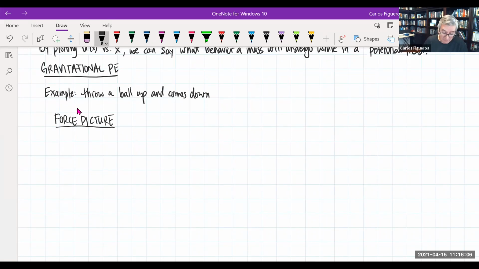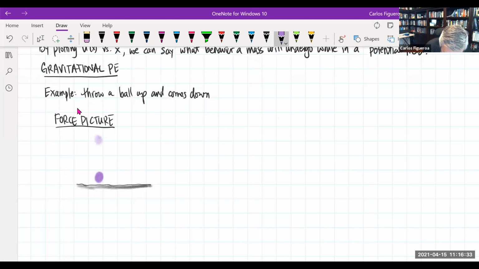When I look at the worst picture possible, what I'm going to imagine is that I throw a ball up from the ground. So I imagine that this is the ground. And we all know that if I throw something up, it comes down. But why does it come back down? What a silly question, right?